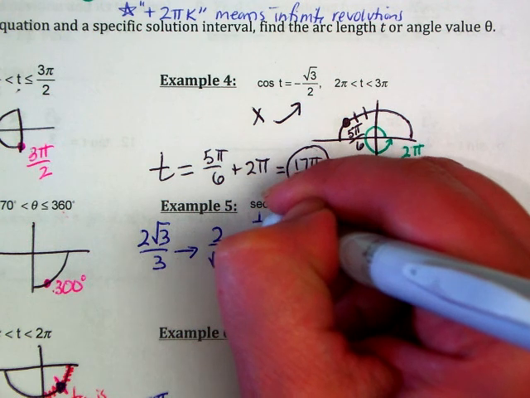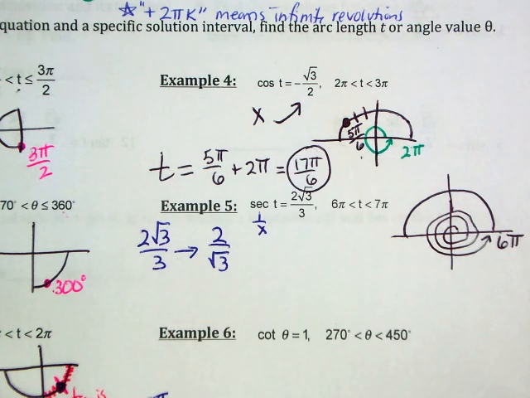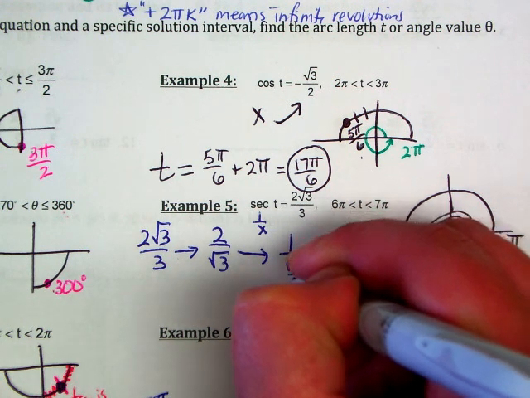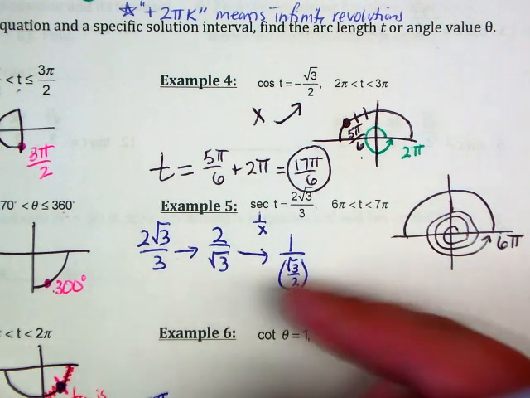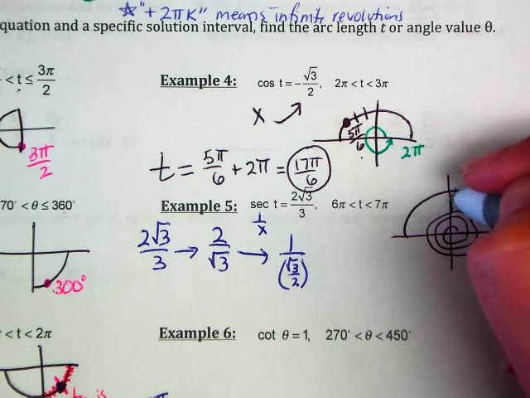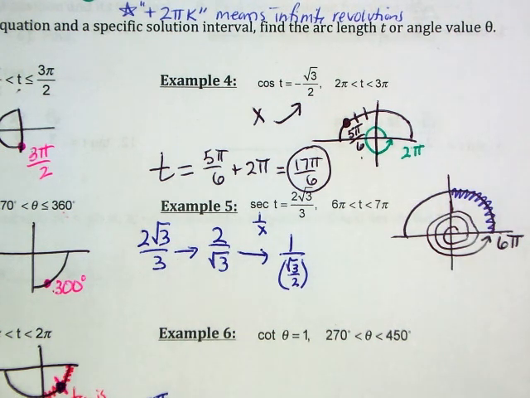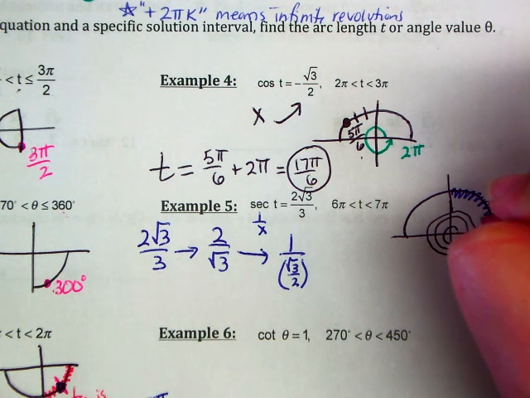Secant we know is 1 over x. Secant goes back to cosine. So this actually was 1 over √3 over 2. X is positive, which means it has to fall in quadrant 1. X is not negative. So where do I have an x value of √3 over 2?